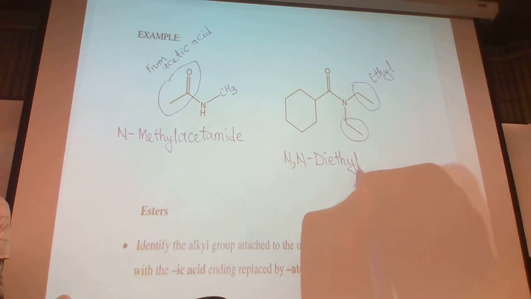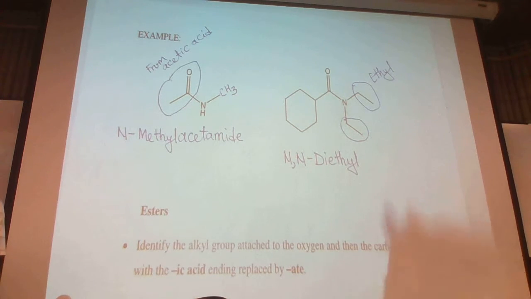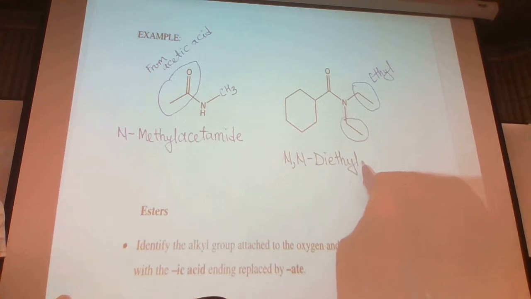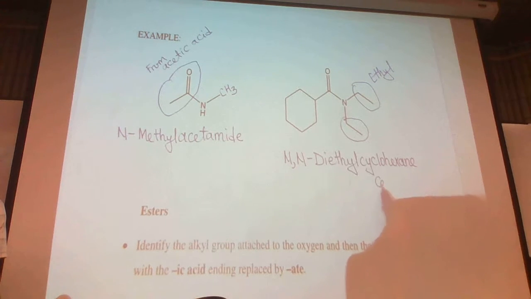Diethyl. Now, because this is cyclohexane, it becomes cyclohexane. We're going to continue down here. Carboxamide.